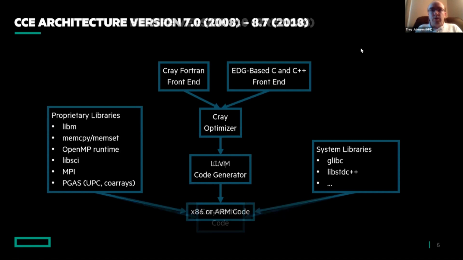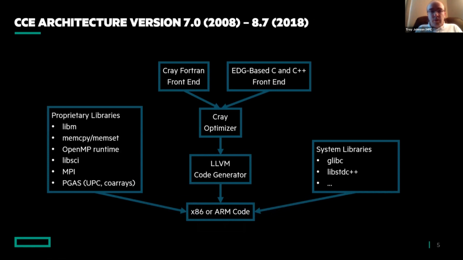Moving on more recently, between 2008 and 2018, or between version 7 and 8.7, this changed a little bit in that we got rid of the proprietary Cray code generator, and we replaced it with LLVM.